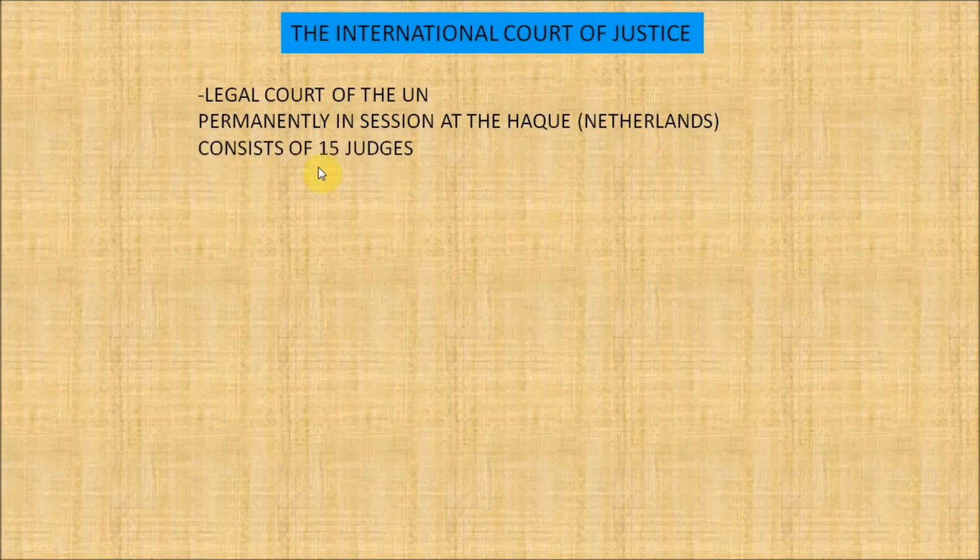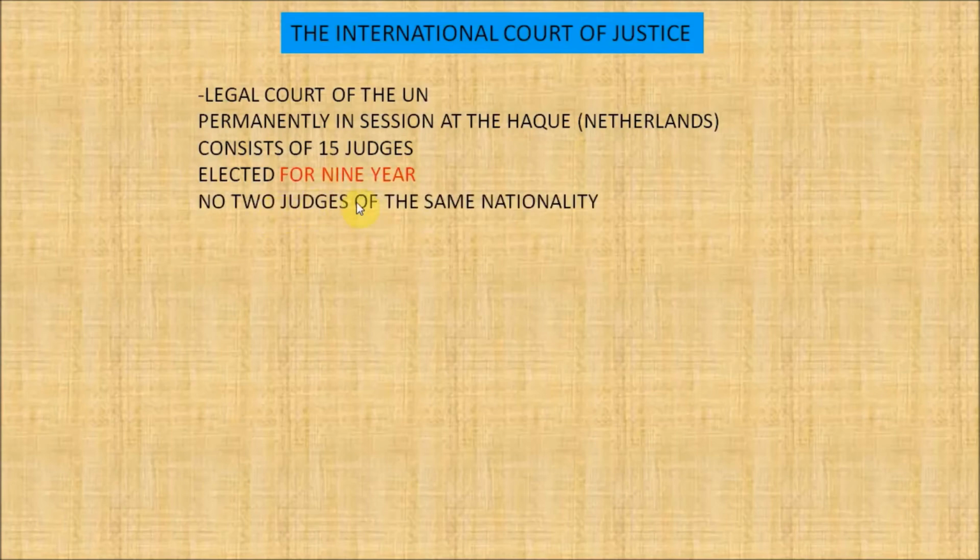The court consists of 15 judges who are elected by the Security Council and the General Assembly for a period of 9 years. But no two judges of the same nationality can be elected. The court also elects its president and vice president. Their term is 3 years.